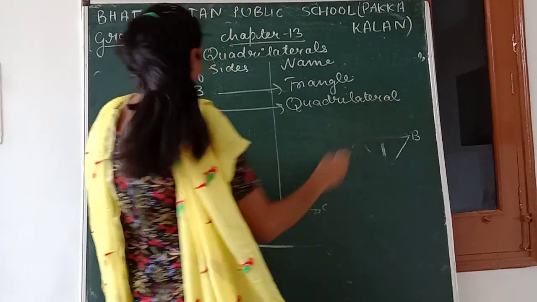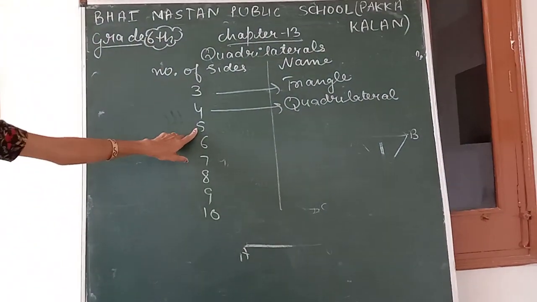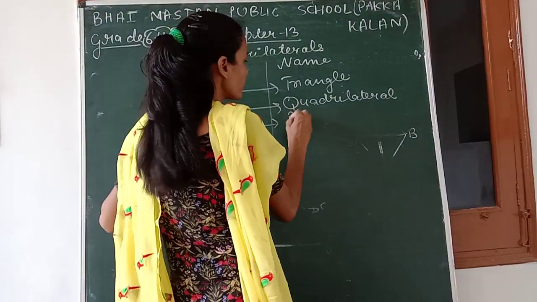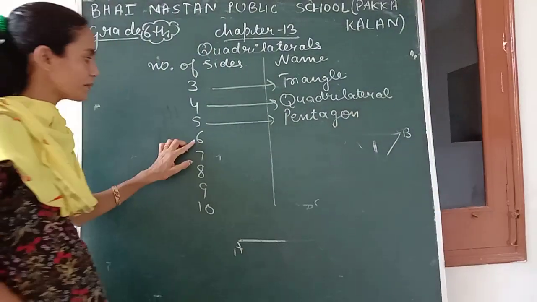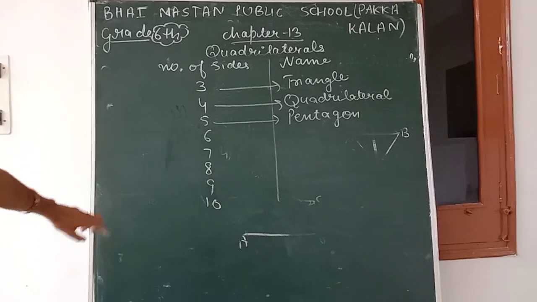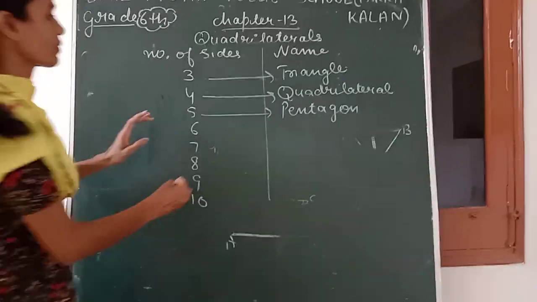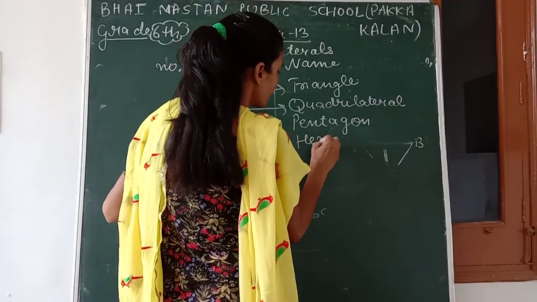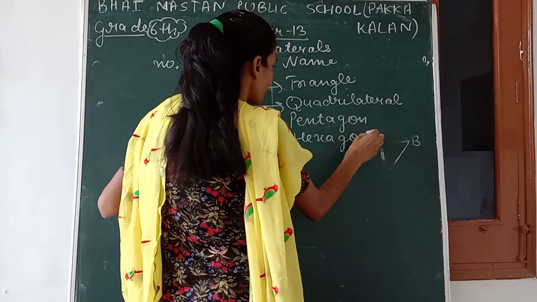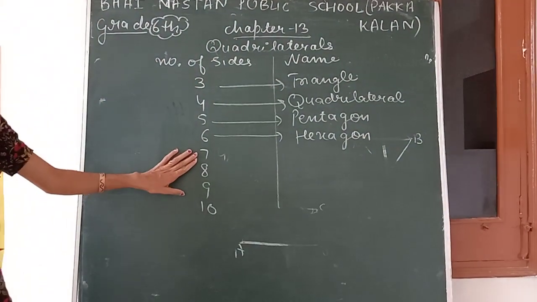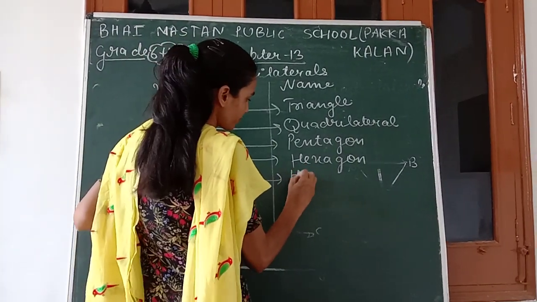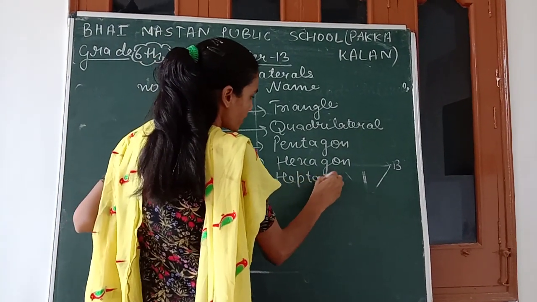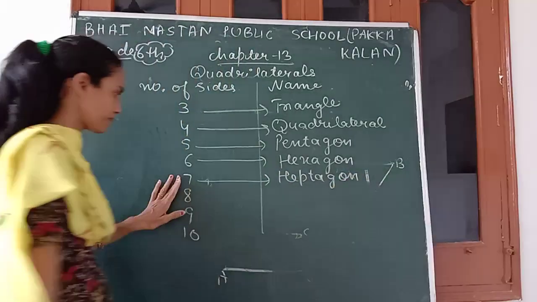Number of sides 5, then what do we call it? Pentagon. Number of sides 6? Hexagon. Number of sides 7? Heptagon.